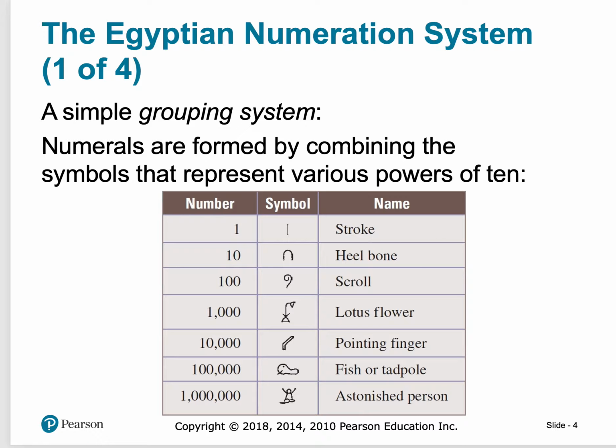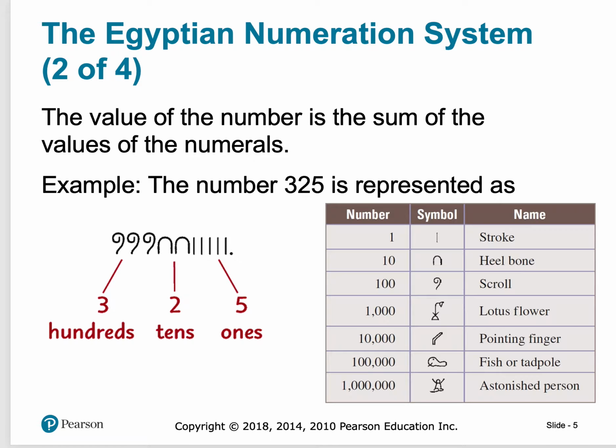In the Egyptian system, it was formed based on powers of 10, very much like our system, but the symbols are going to look different. And the symbols are going to be what was relevant to them in their time.